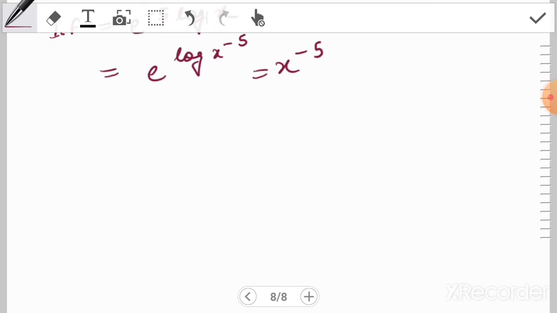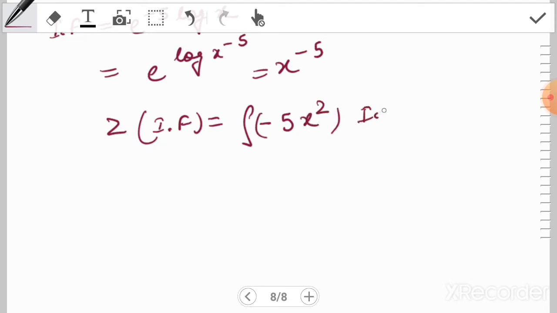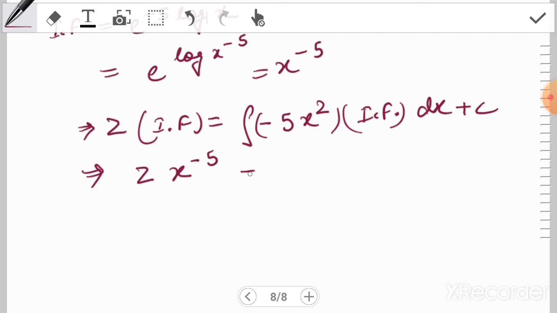So now the solution is z into the integrating factor equals the integral of q, minus 5x square, into the integrating factor dx plus c, which gives z into x raised to the power minus 5 equals the integral of minus 5x square into x raised to the power minus 5 dx plus c.